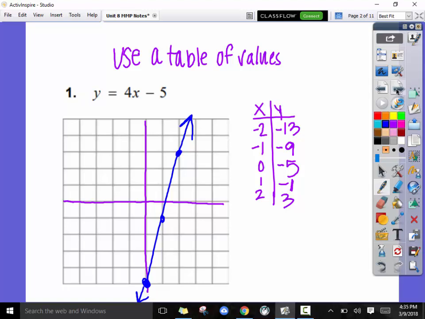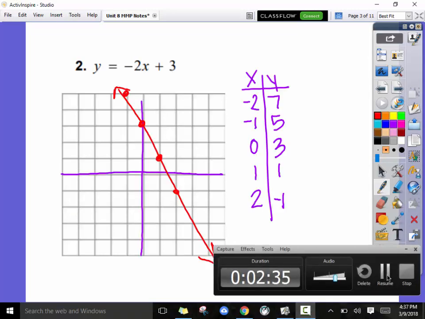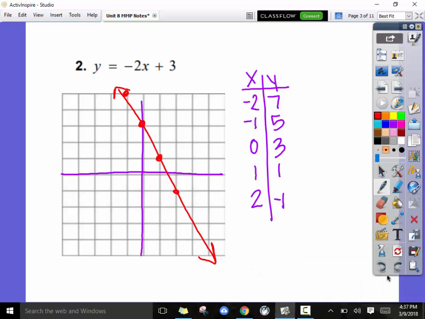These should be a review for you. So why don't you go ahead and push pause, try numbers 2, 3, and 4, and when you're done, push play and you can come check your answers. Okay, you can check your answer for number 2 here. You multiplied by -2 and then added 3.